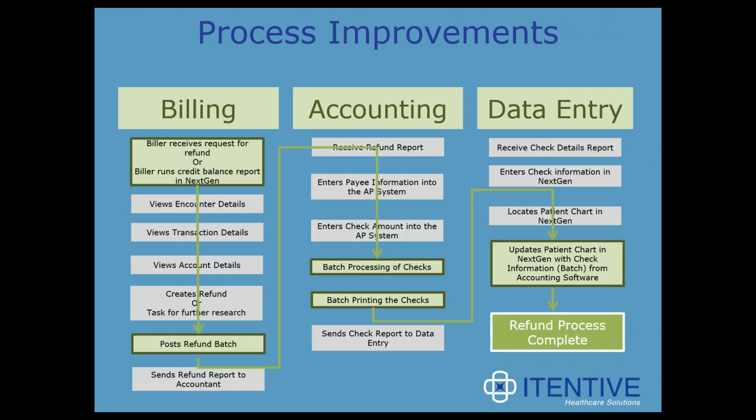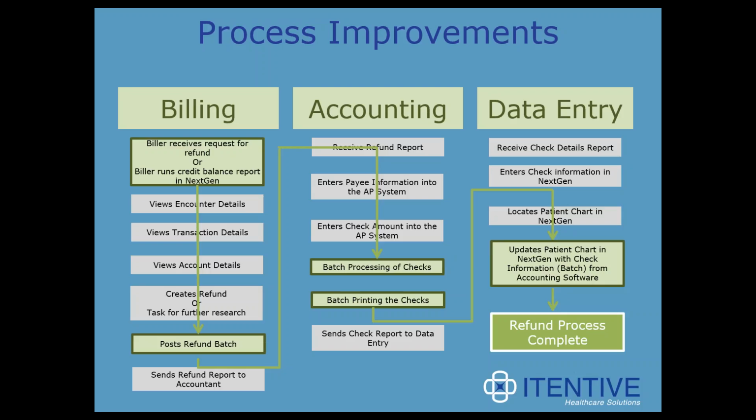So on the front end, we streamlined the process by making it much easier for the billing people who are going through the credit balances to, one, find the credit balances on the patient accounts, and then two, in the way that we presented the information to the individuals, make it much easier for them to make a decision on what to do with that credit balance, whether that is to issue a refund or to distribute that credit balance to an account that has an open balance on it, or if you just don't have time because there's too much detail to go through the research on that particular credit, task it out for further research to be done at a later time.